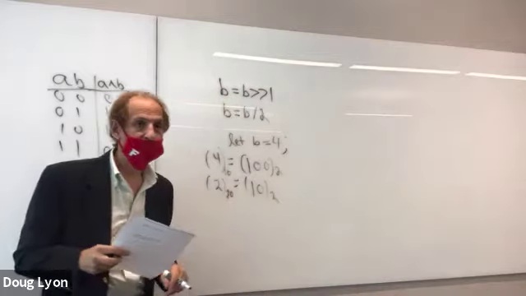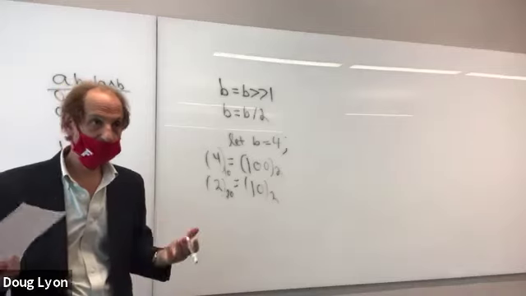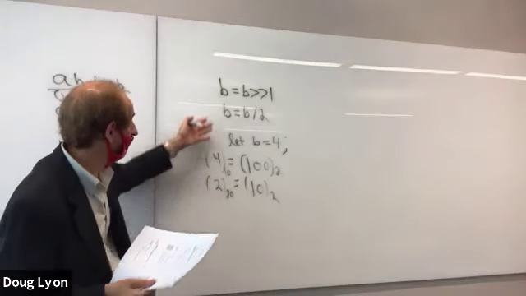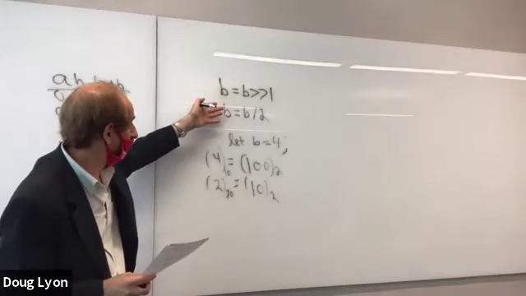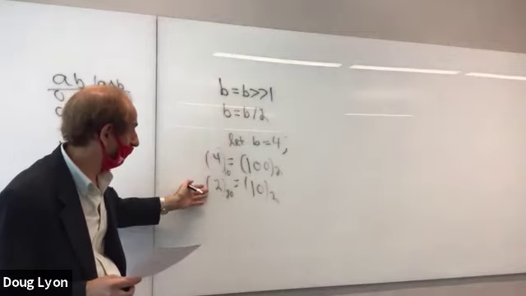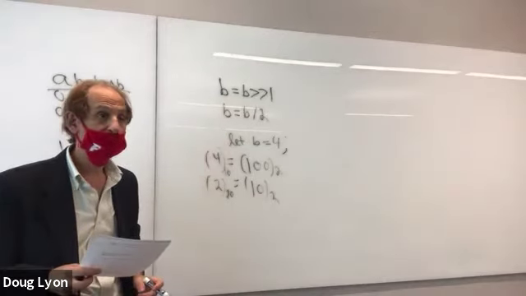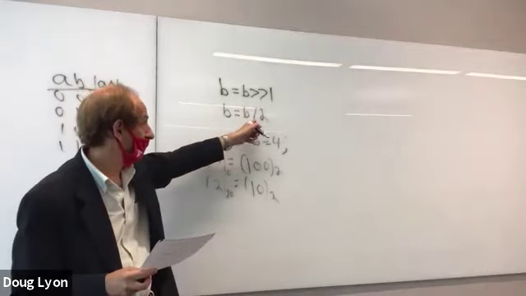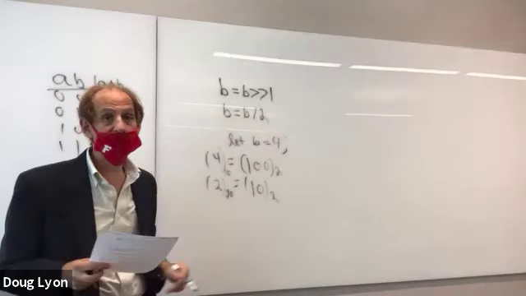And so now I have a way to show you that, yes, indeed, shifting to the right by 1 is the same thing in binary as dividing by 2. This is, by the way, division by an integer.